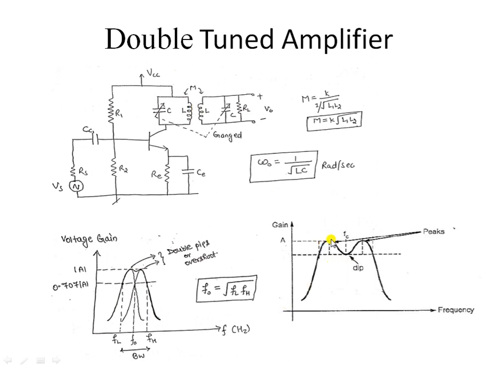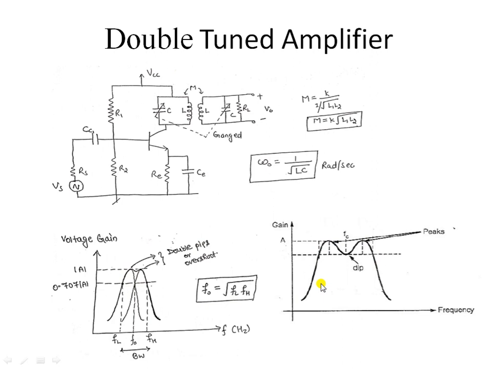It starts from here, and because of the delay it dips at the resonant frequency and then rises again. In the earlier case the output was only this kind of graph because of only one tuned circuit, but because of double tuning the response is like this.